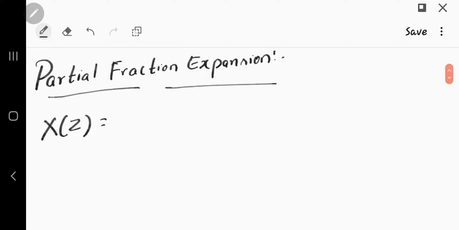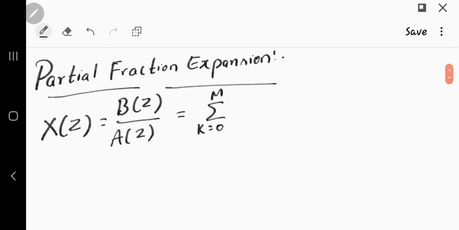Okay, now coming to the partial fraction expansion, x of z will be in the form of b of z by a of z.